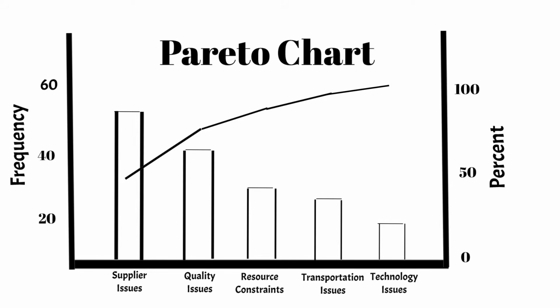So the Pareto chart might indicate that by addressing the top 3 problems, 83% of the total problem may be resolved. Here is how we can interpret the right-hand vertical axis. If supplier-related issues can be resolved, about 40% of the fulfillment delay can be addressed, and about 65% of the delay can be addressed if supplier-related and quality issues are resolved.